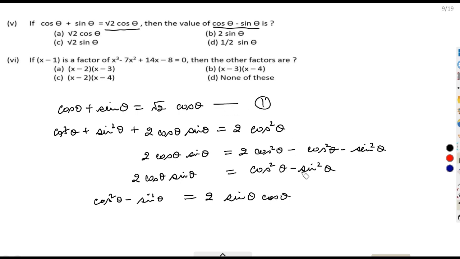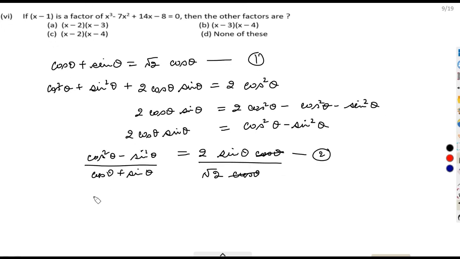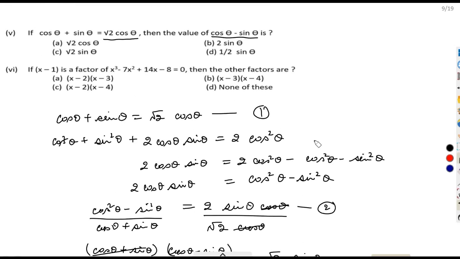Now this is equation 1 and this is equation 2. We are dividing equation 2 by equation 1 and applying the formula a square minus b square, that is a plus b into a minus b. Means value of cos theta minus sin theta is equal to under root 2 sin theta.